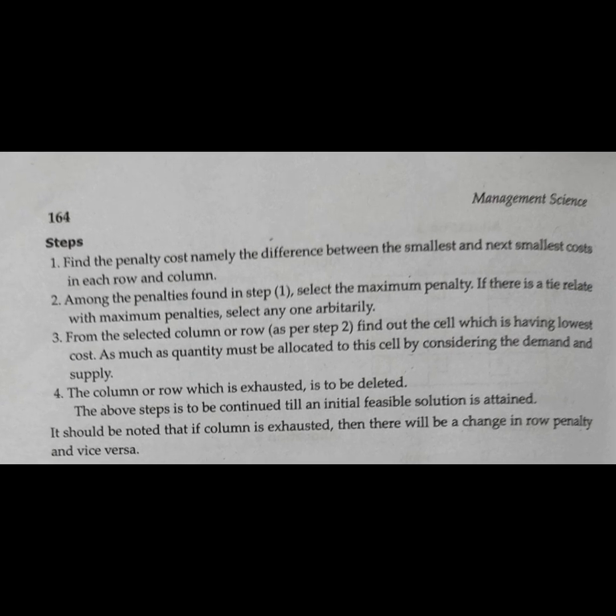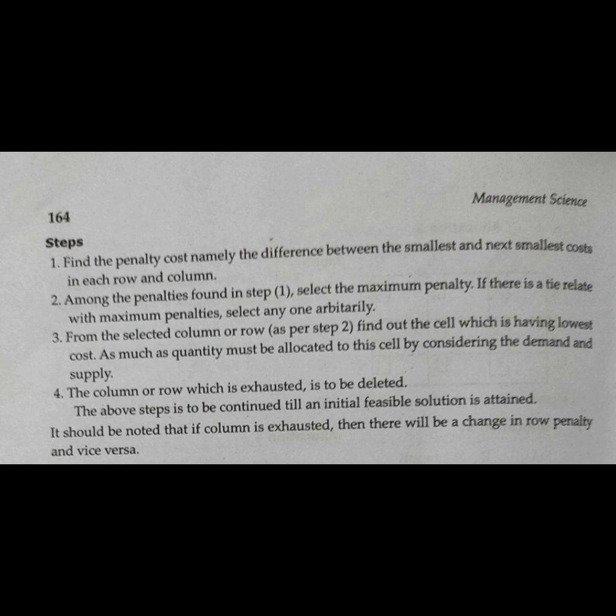The fourth step is that the column or row which is exhausted is to be deleted. The above steps are to be continued till an initial feasible solution is attained. It should be noted that if a column is exhausted, then there will be a change in the row penalty and vice versa.